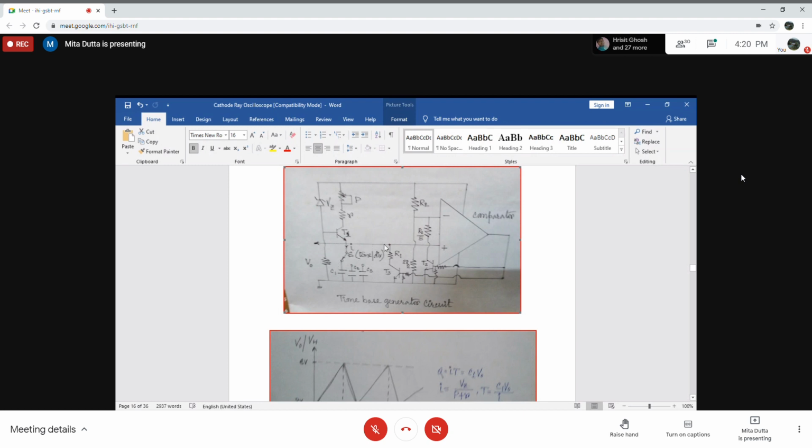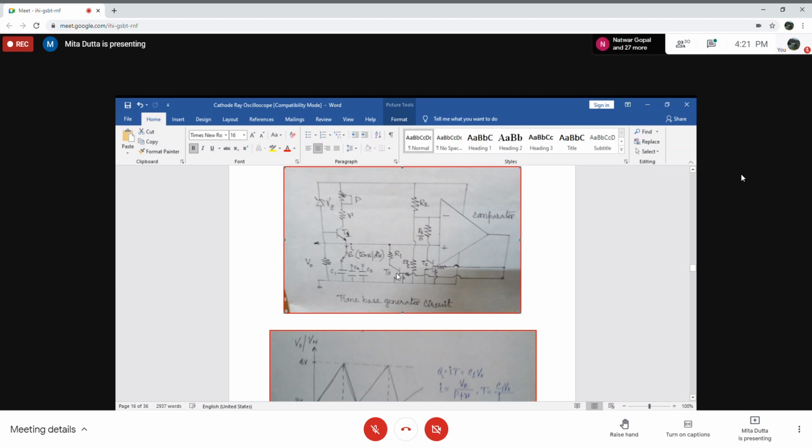Now, since T2 and T3 are short circuited, the capacitor now discharges through R1. When it discharges, the voltage across the positive input terminal will decrease, and when it is less than 2 volt, the comparator output will again be low, and T2, T3 are off.